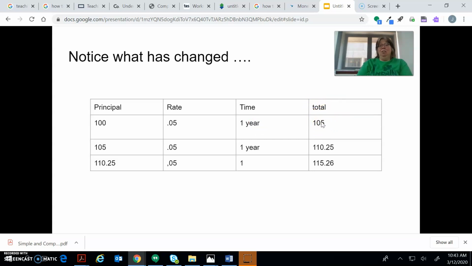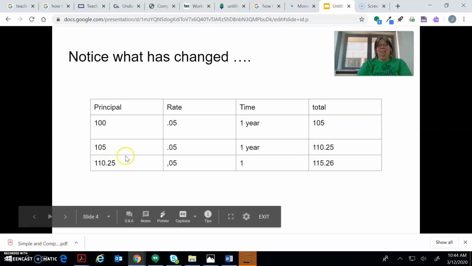The next year, however, you're going to start with $105 at the same rate, and you're going to owe $110.25 after 2 years. If you take 3 years to pay them back, your principal is now $110.25. So for another year, they're going to add on the 5%, so the total you're going to owe is $115.76.